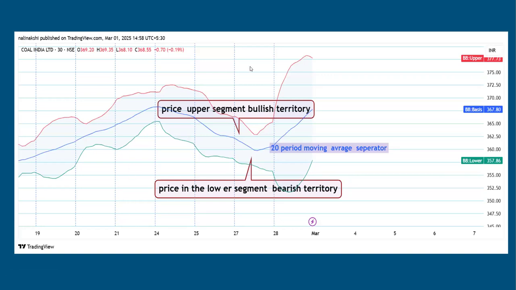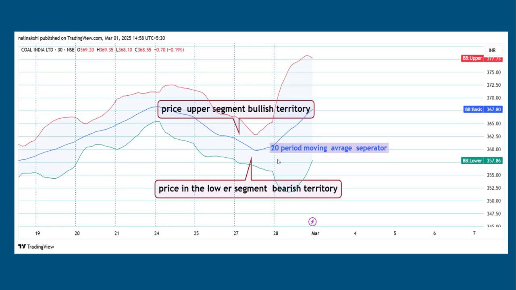See here, I am showing you the picture of the Bollinger Band. If the price is trading in this segment, visually, immediately, I know that I must be on the buy side. And if the price is in the lower segment, that is bearish territory.